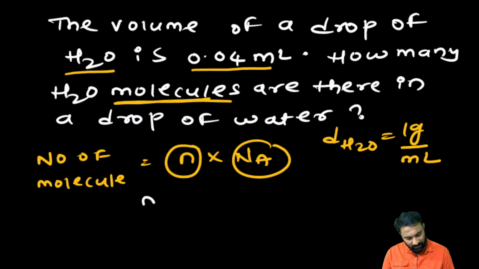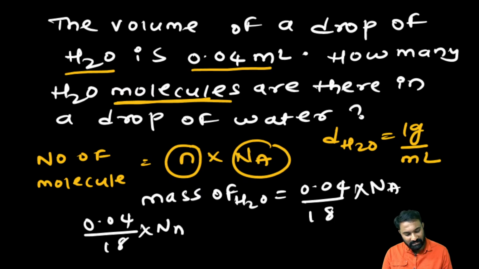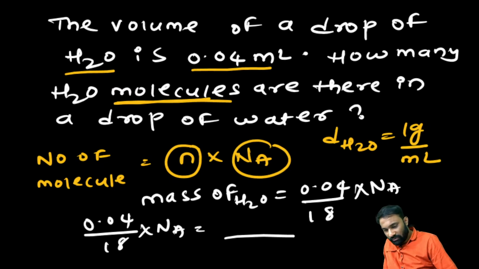Then the molecular weight of H2O is 18. Into Avogadro number, if you do, you'll get the answer. That's it. 0.04 by 18 into Na is the answer.